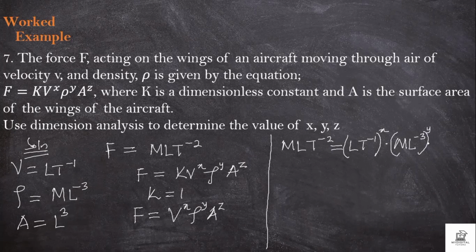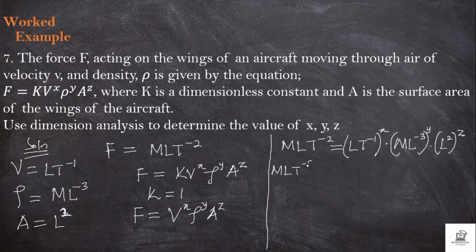And the dimension for area is L raised to power 2, right? Meter square, L squared. So multiply by L raised to power 2 all to the power of what? Z. Is that clear?